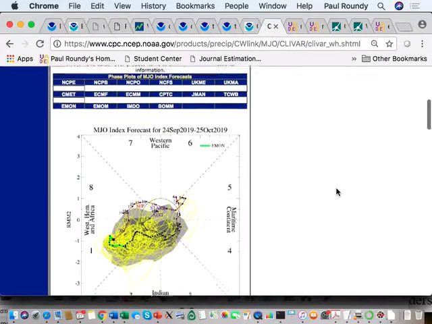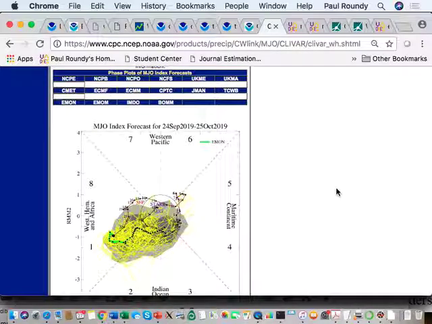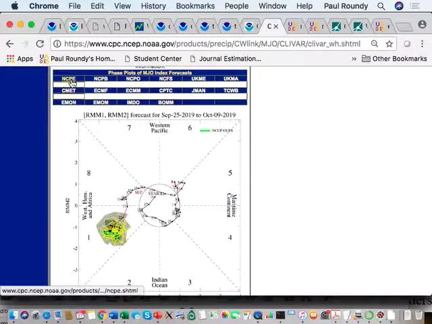So here are the model RMM index forecasts from the CPC site. The GFS has a bias toward favoring wave breaking, maintaining wave breaking over the Western Hemisphere, dropping ridges onto the equatorial Atlantic region. And you'll see this showing up in the upper tropospheric and then responding in the lower tropospheric winds.